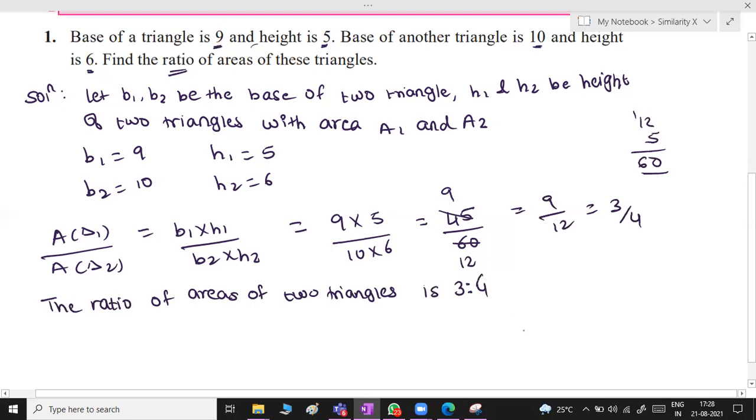Mind you 3:4 लिखना, 3/4 का कुछ मतलब नहीं होएगा. Since ratio form में पूछा है, so this is the ratio form and this is your final answer statement. I hope you have no question in the first sum. So please copy it.